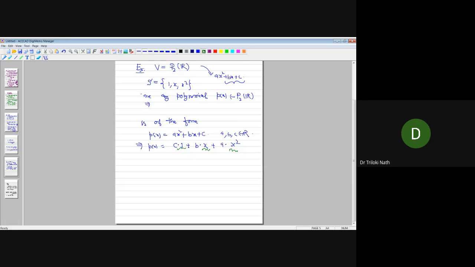And you see every polynomial p(x) in P2R can be written as a linear combination of these three vectors. And therefore, what we have proved?